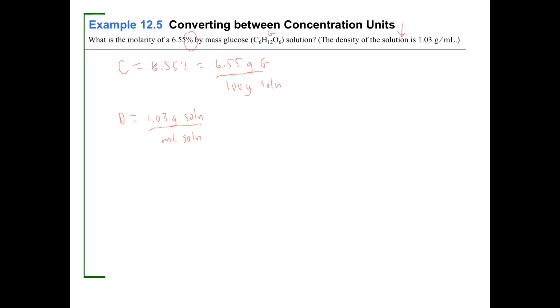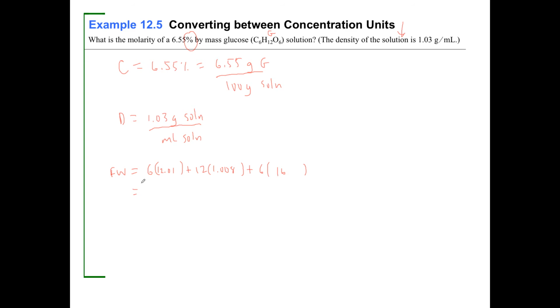So the question is, what's the molarity? I do also need the formula weight of glucose, because I need moles. So the formula weight is 6 times carbon plus 12 times hydrogen plus 6 times oxygen: 12.01, 1.008, and 6 times 16.